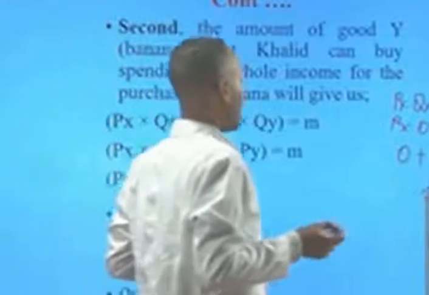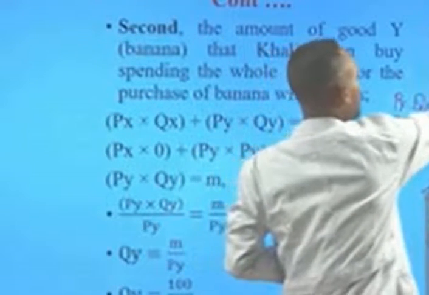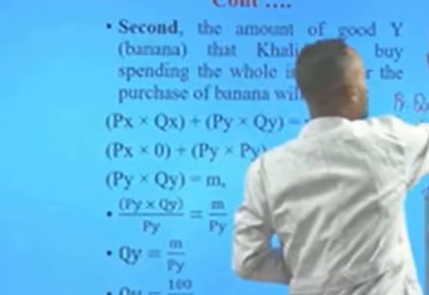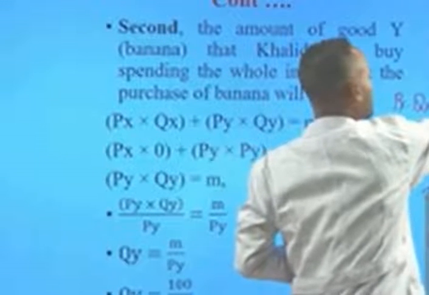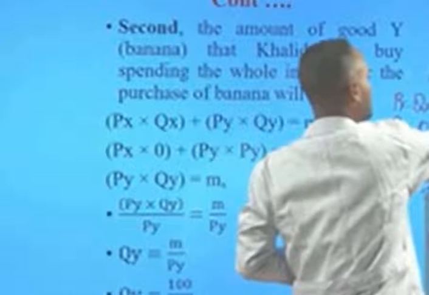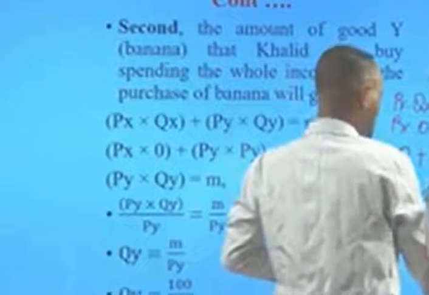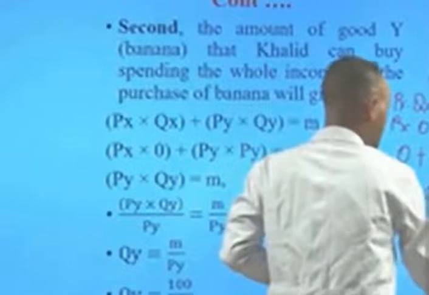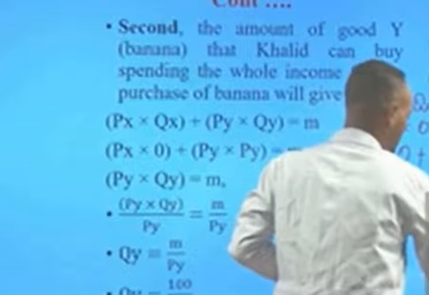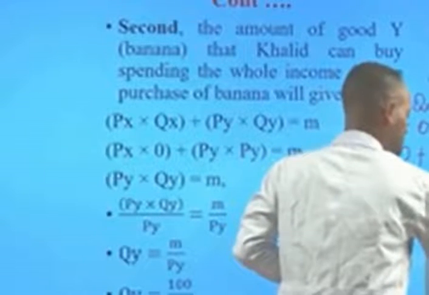So from our example, income of a consumer is given, which is 100 birr, and the price of commodity X is given, which is 10 birr, and the price of commodity Y is given, which is birr 5, and then the amount of commodity Y that he can buy will be 100 divided by price of Y, which is birr 5, then this is 20.